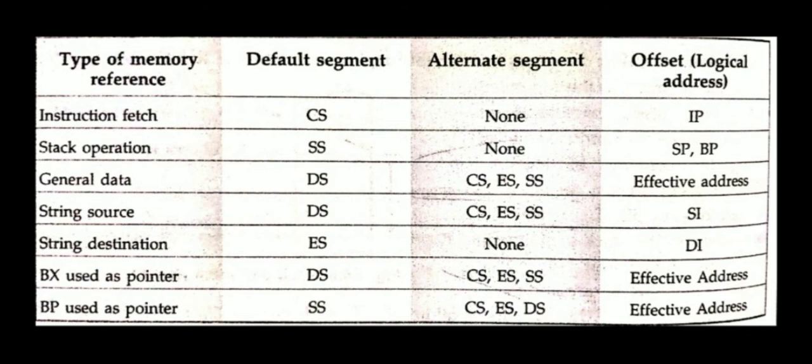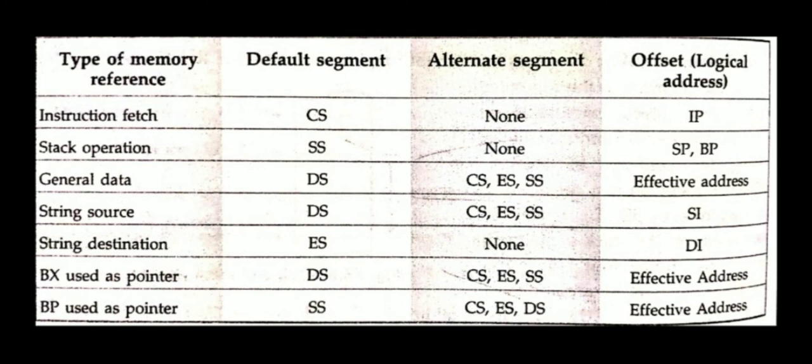String source: default segment DS, alternate segment CS, ES, SS, logical address SI. String destination: default segment ES, alternate segment none, logical address DI.